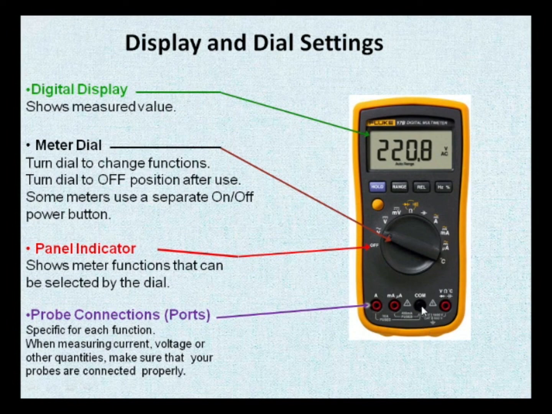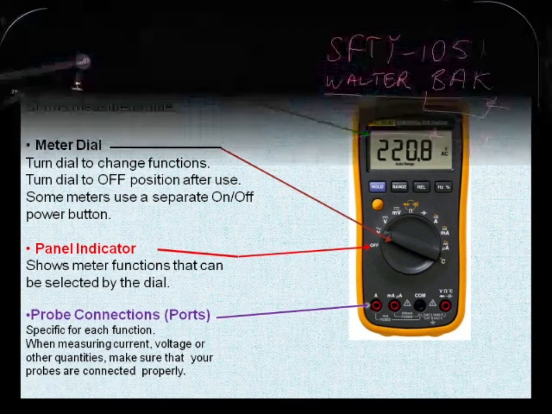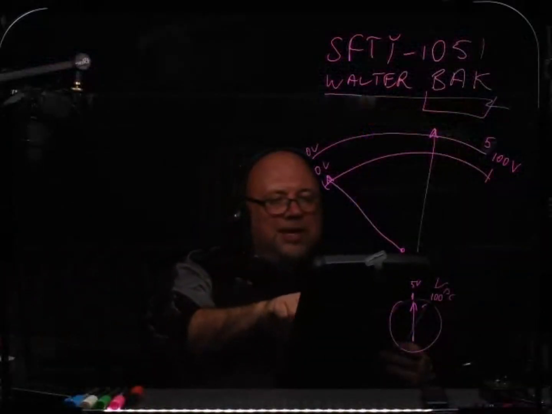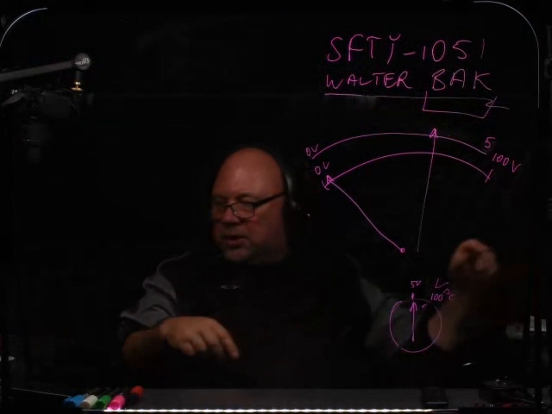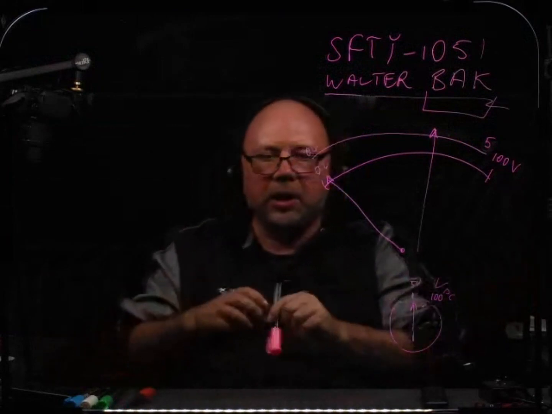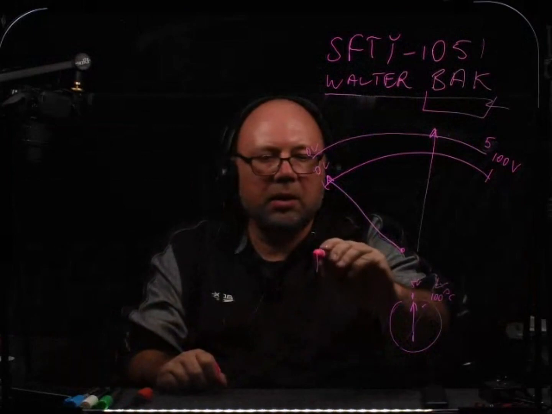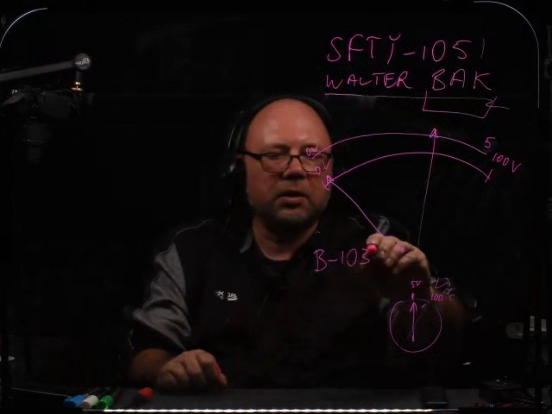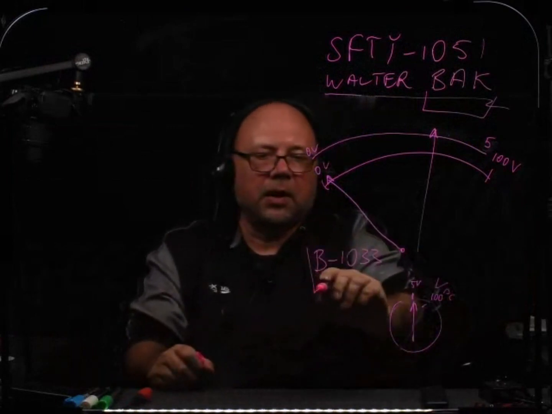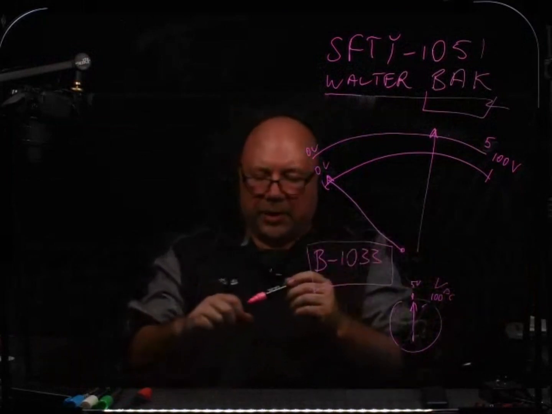Do we have to use the multimeters outside of the classroom? Well, if you go to work and you need that, yes, you can use them also. Room B1033 is an open lab at the end of the B building.